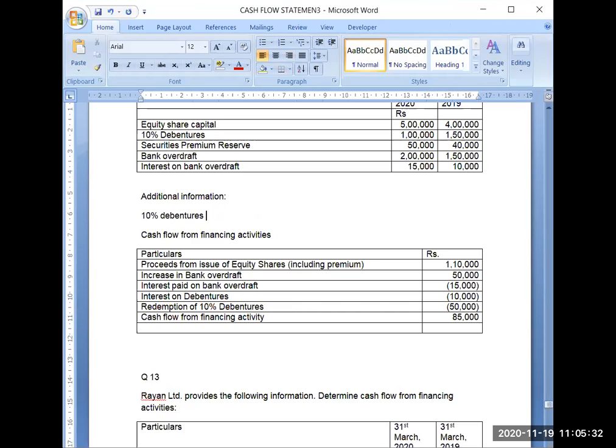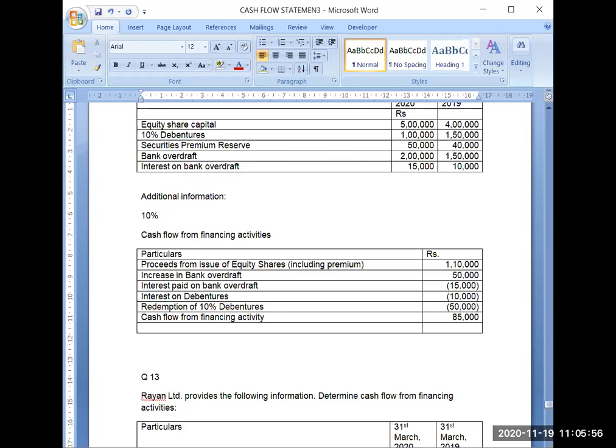Now we have two amounts, 1,50,000 and 1 lakh. 10% of what? This is the question which will be in your mind. 10% of what amount should I calculate as interest? It may be 1,50,000 or it may be 1 lakh, depending upon your assumption.